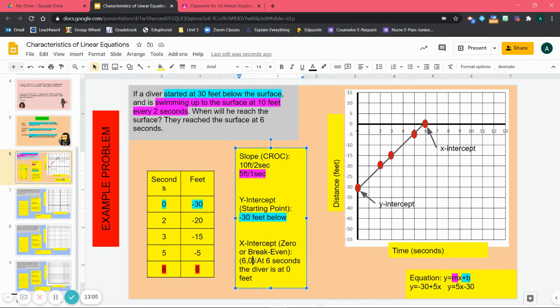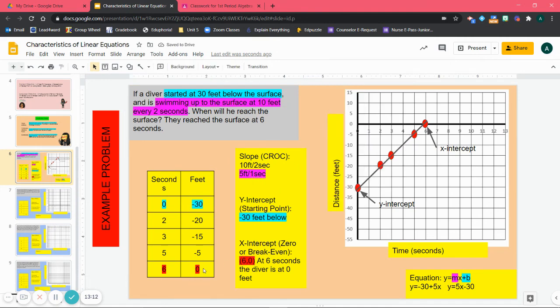And my x-intercept, or my break even, or my 0, is always when the y value is 0. On a graph, my y-intercept is always found on the y-axis. The x-intercept is always found on the x-axis.